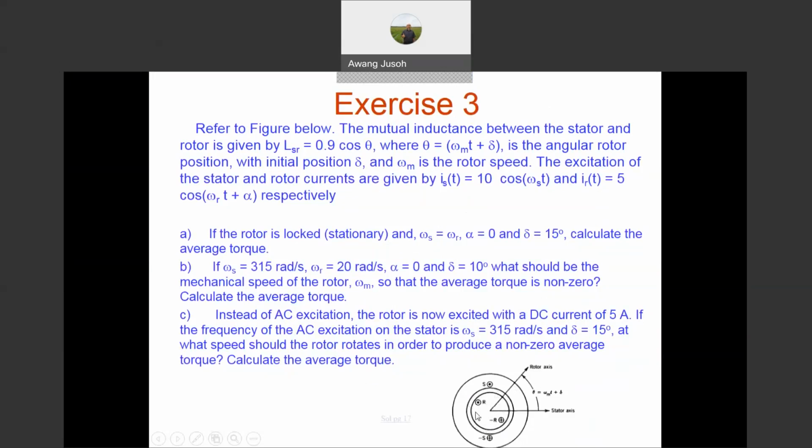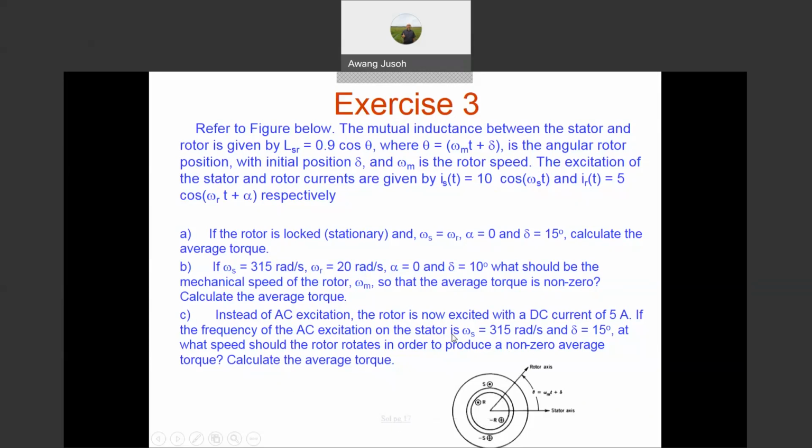And they say if the frequency of excitation equals 315, which is equal to omega s, at what speed should the rotor rotate in order to produce non-zero average torque? Calculate the average torque. So they want to know the mechanical rotor speed so that it produces non-zero torque.